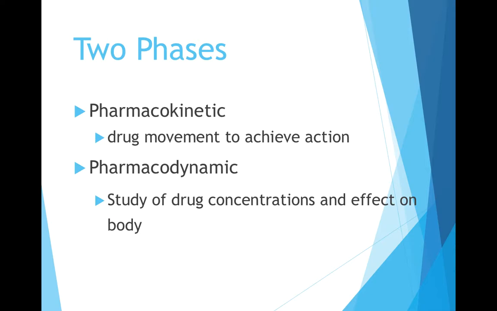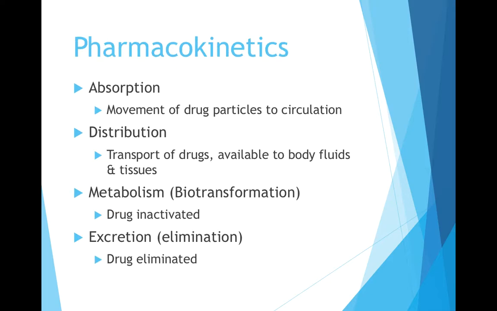So let's get started on the two phases that we discuss related to basic pharmacology, and that is pharmacokinetics, or the drug movement to achieve an action, and then pharmacodynamics, which is the study of the drug concentrations in the body and the effects on the body.